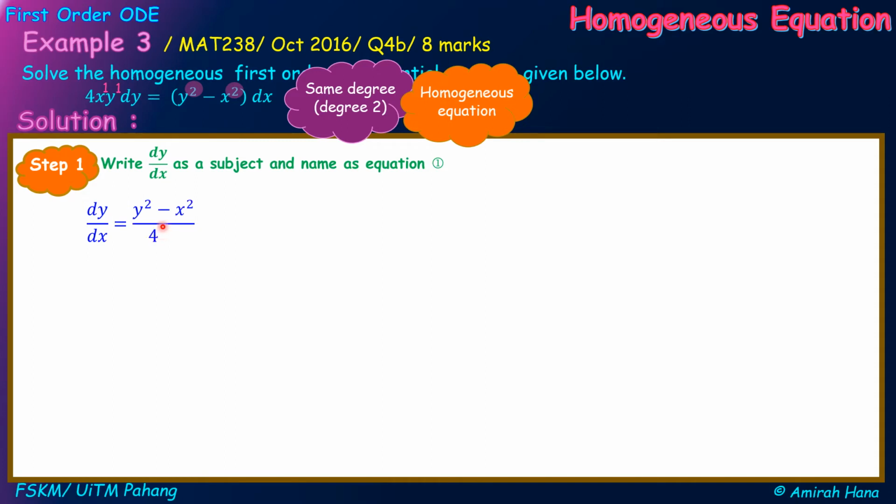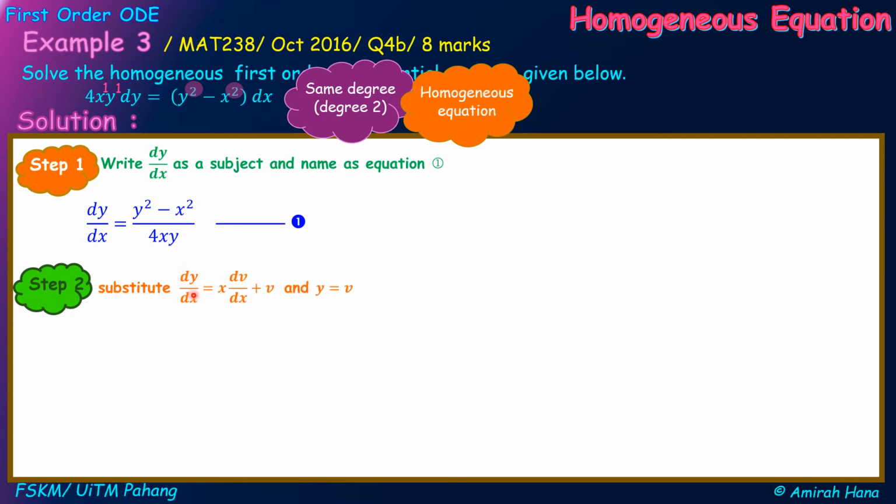So we get dy over dx equals y squared minus x squared over xy. Now we have successfully written dy over dx as the subject, so we can name it equation 1. And after that, we continue with step 2.